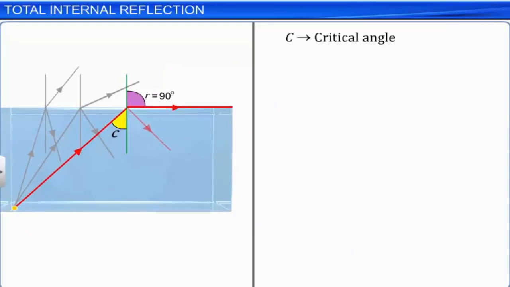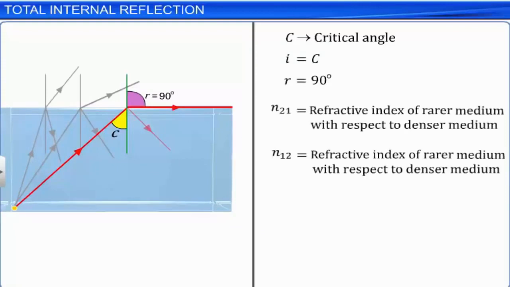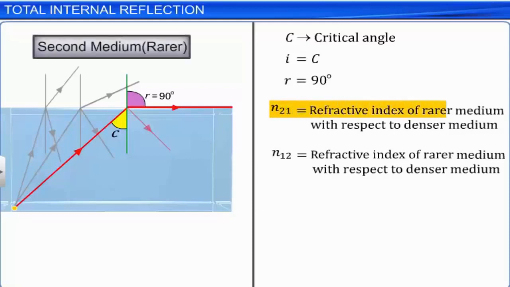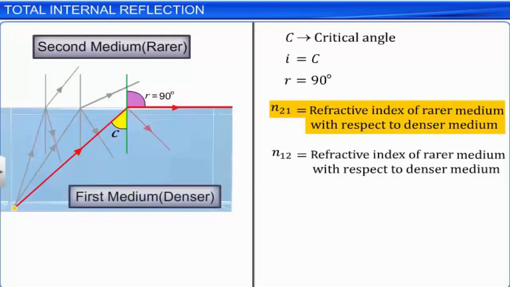Let n21 be the refractive index of the rarer medium with respect to the denser medium. Let n12 be the refractive index of the denser medium with respect to the rarer medium. We know that n12 is equal to 1 by n21.